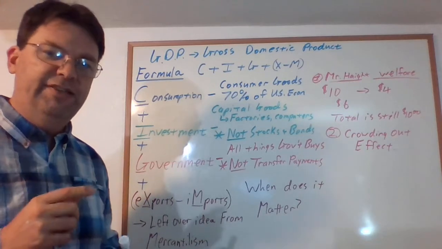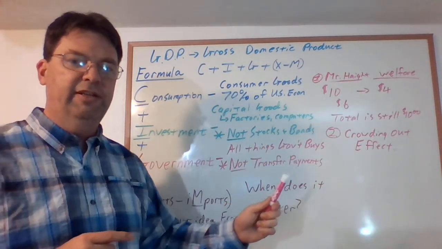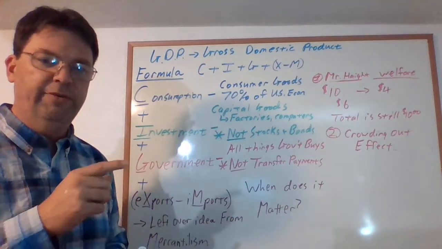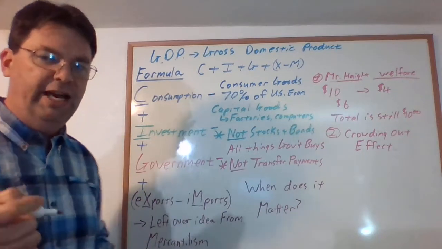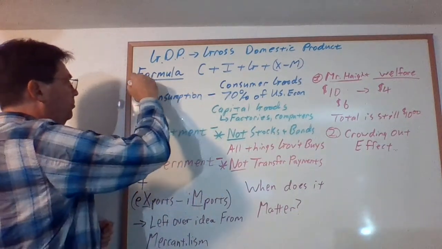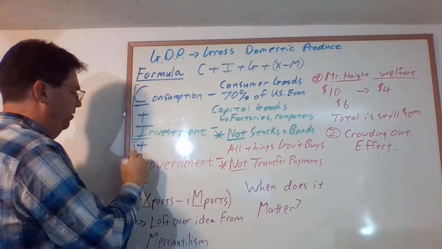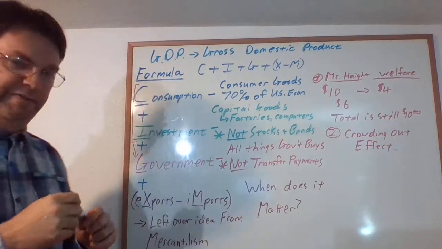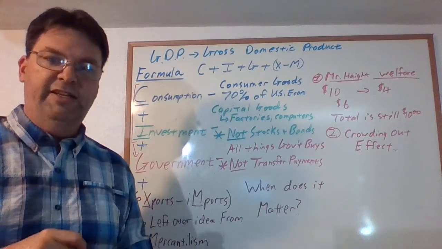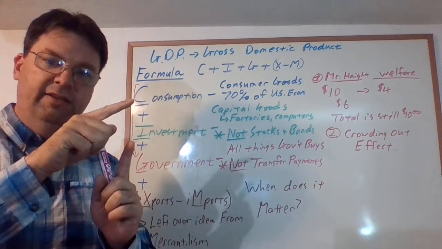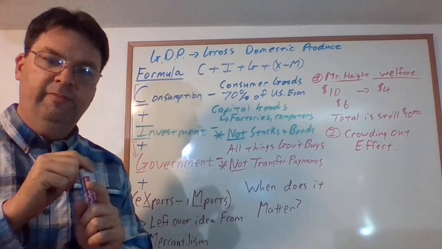See, again, this is a lot like the transfer payment that's not supposed to be included. I would have a hard time arguing that G is somehow part of this equation, because every dollar that is spent by the government is a dollar not spent on capital goods and consumer goods, consumption and investment.